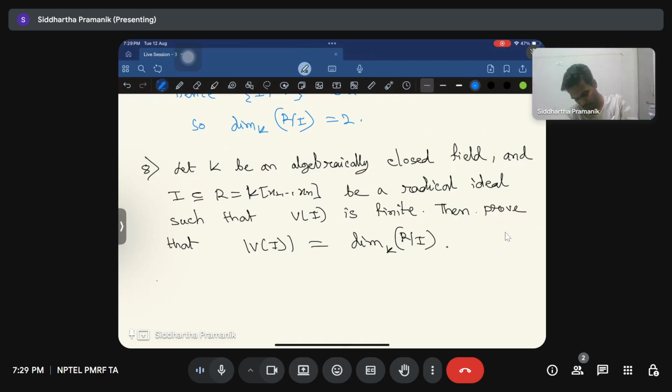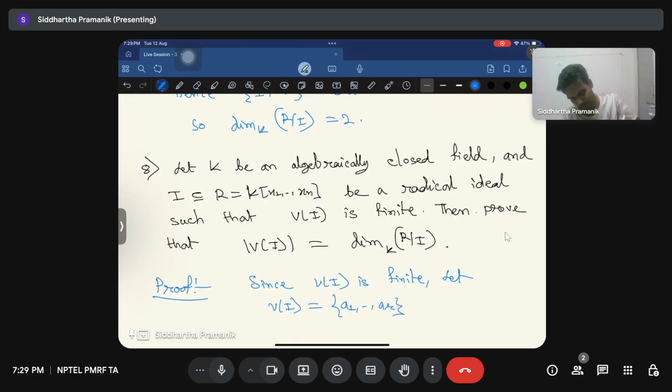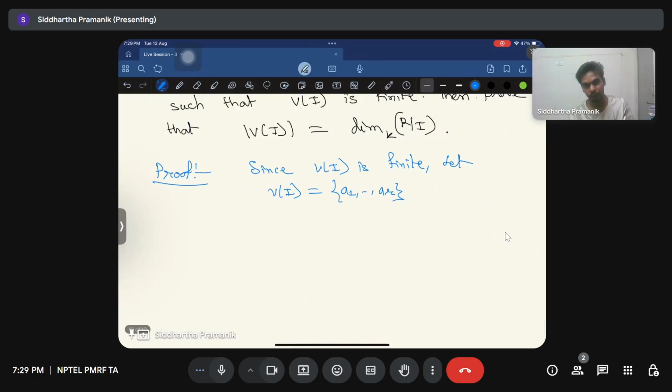So let's see a proof for this. Since the variety is finite, let V of I be basically A1 up to AR. Now I is a radical ideal.